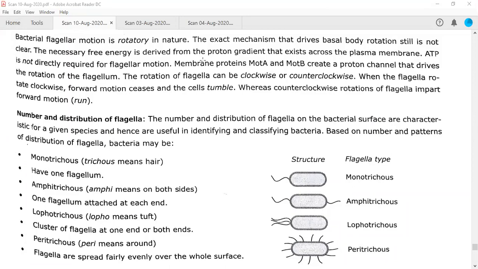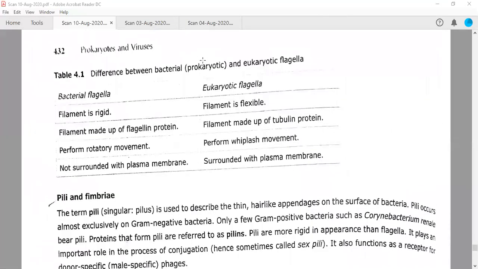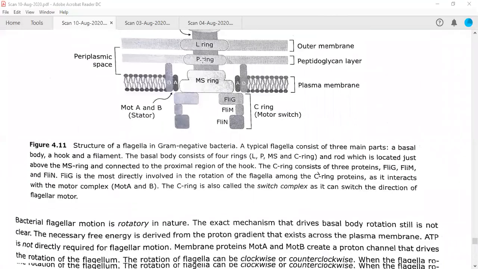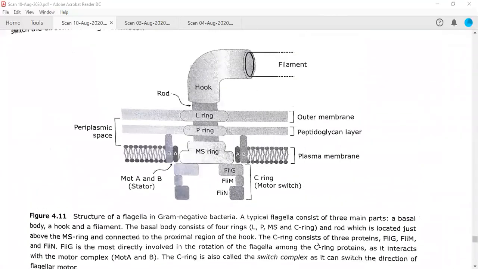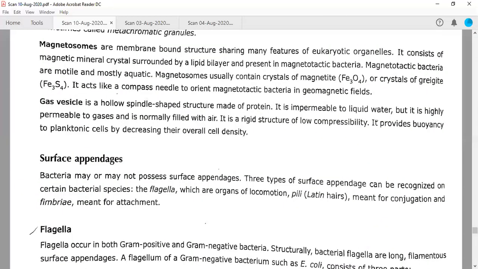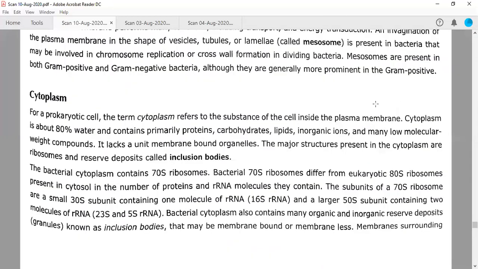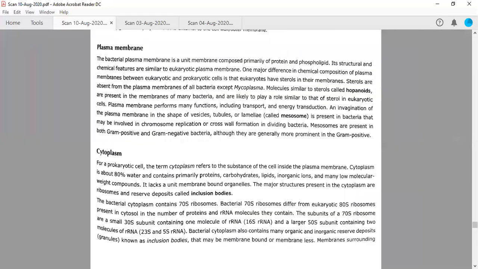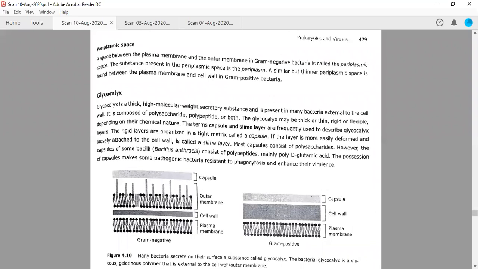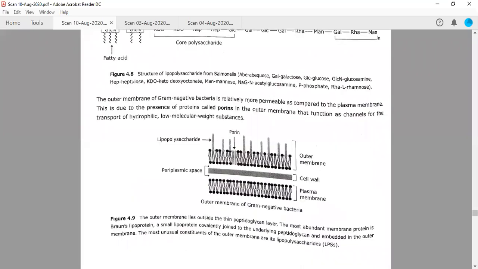So if you look into your book, the Pathfinder, let me show you. Actually, we are moving very sequentially. There is no problem at all.